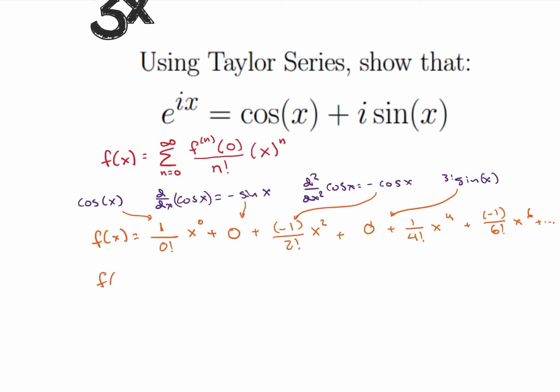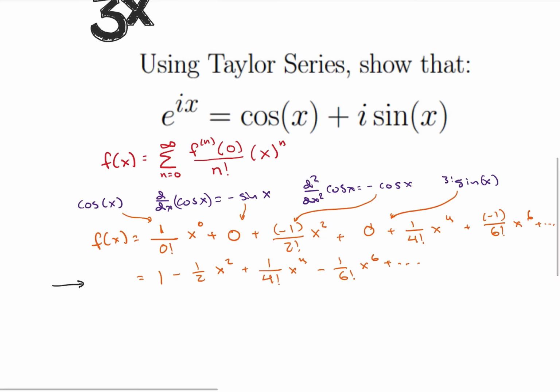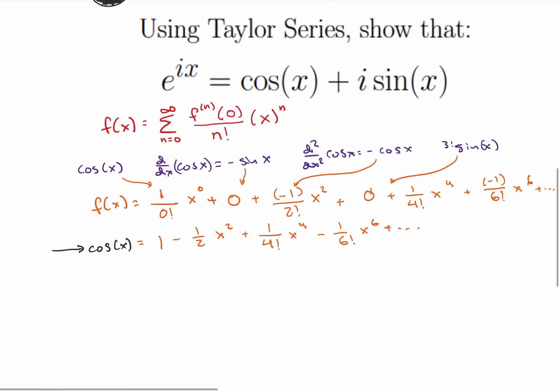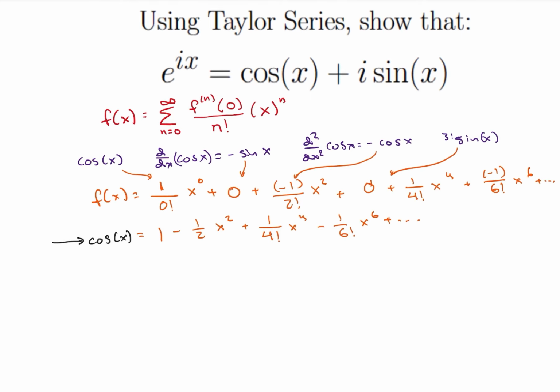So the Taylor series approximation of my function is 1 minus 1 over 2 factorial x squared plus 1 over 4 factorial x to the 4th minus 1 over 6 factorial x to the 6th, and so on. Okay, so we're going to mark this. This is my cosine of x.